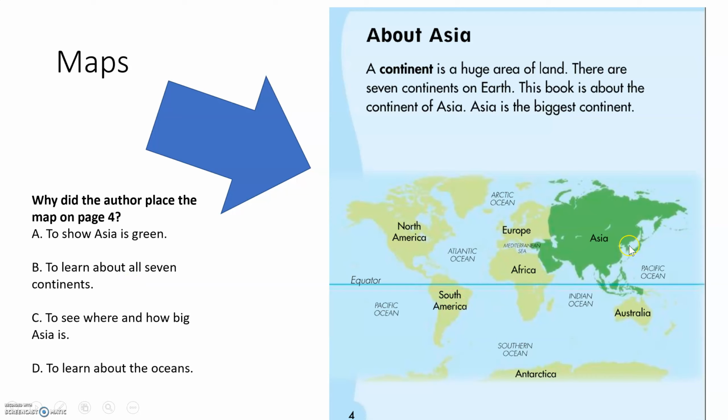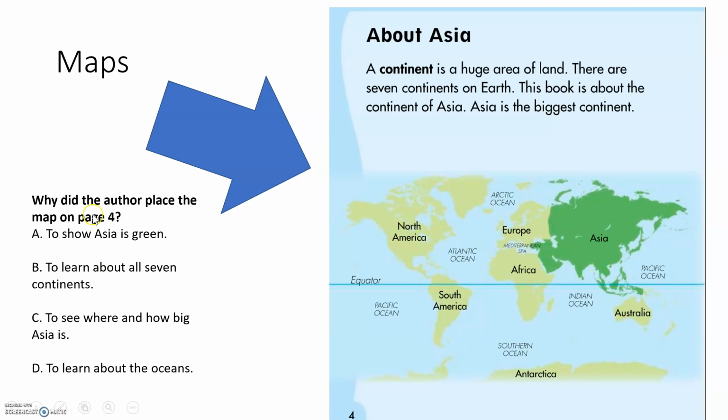That might be why. Do you think the author put the map on page 4 to see where and how big Asia is? Ooh, well, they did make Asia green and all of the other continents yellow, so it makes Asia stick out a little bit. It does help us see where Asia is on the map, and it shows us how much bigger Asia is compared to all the other continents.